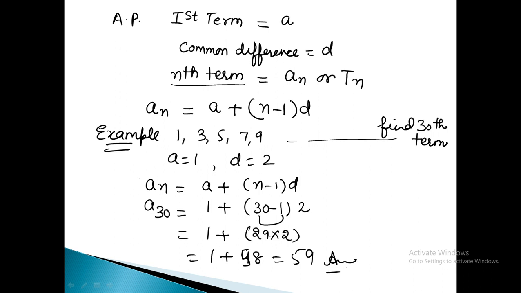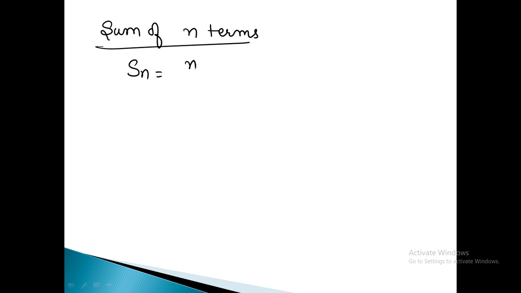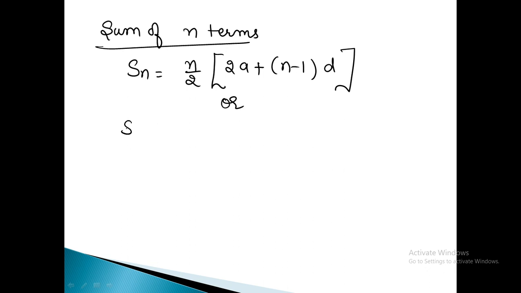Now, the next formula is, if you want to find the sum of n terms, then we will use the formula Sn is equal to n over 2 times [2a plus (n minus 1) d]. Or sometimes you can use this formula: Sn is equal to n by 2 times [a plus L].